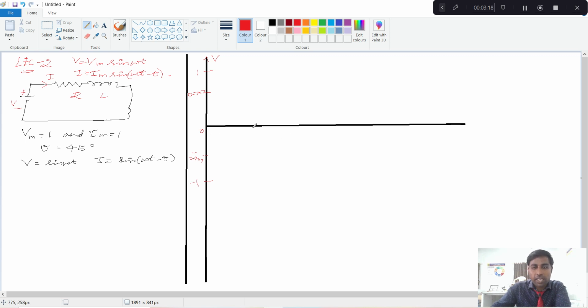The x-axis is nothing but my omega t, in 45 degree split-ups: 45, 90, 135, 180, 225, 270, 315, and 360 degrees.